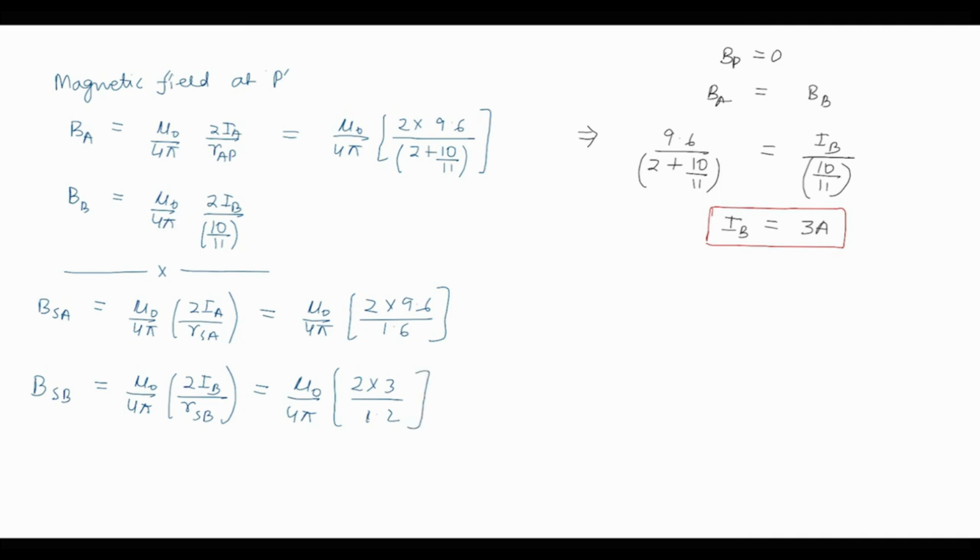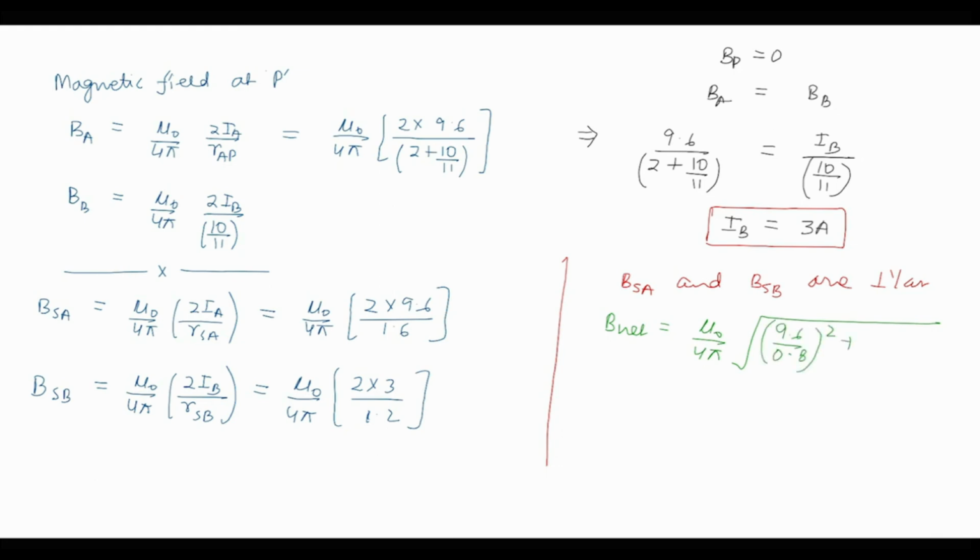Now since both these magnetic fields are perpendicular to each other, BSA and BSB are perpendicular, and hence the net magnetic field can be written as mu naught upon 4 pi, and then we square the terms and add them, that is 9.6 upon 0.8 whole square plus 3 upon 0.6 whole square.